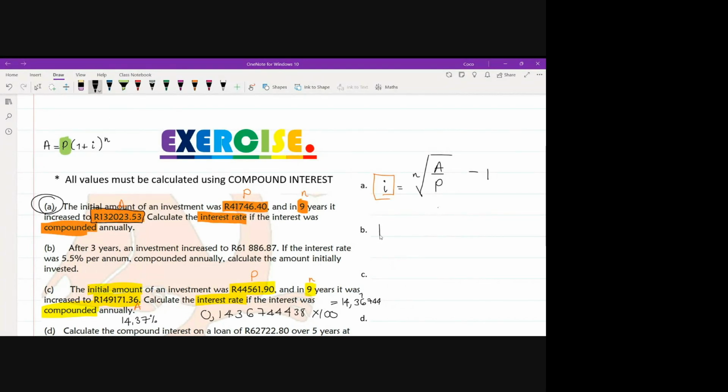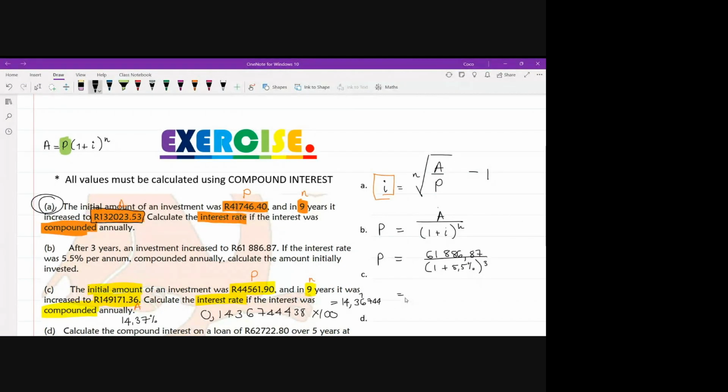So P is going to equal A over, open brackets, 1 plus i, to the power of n. That's how we calculate for P. So P is equal to my A value, which is 61,886,87, all over, open brackets, 1 plus my interest rate, which is 5,5%, to the power of 3.